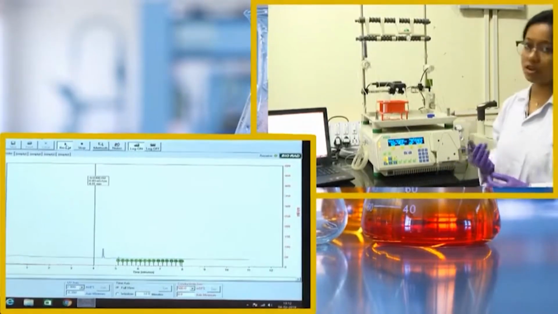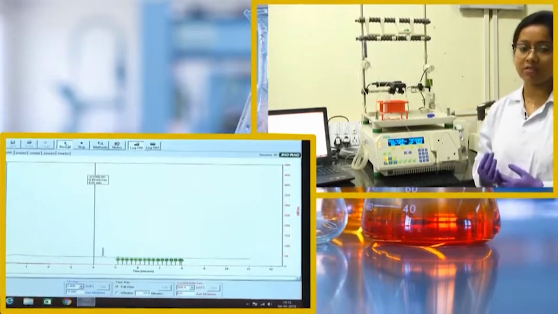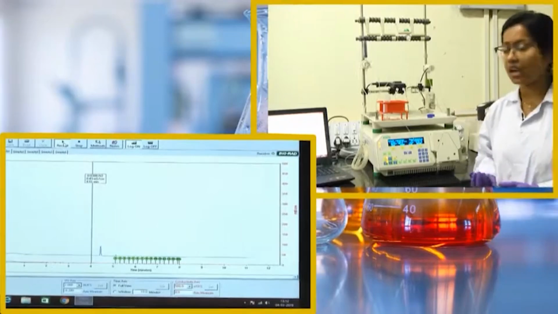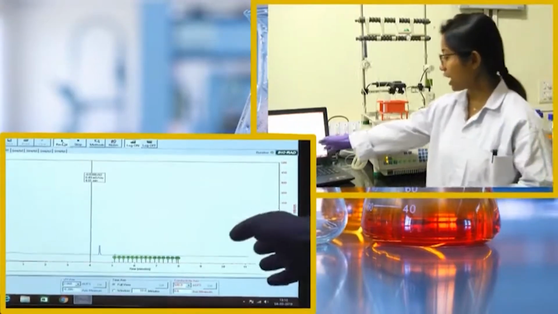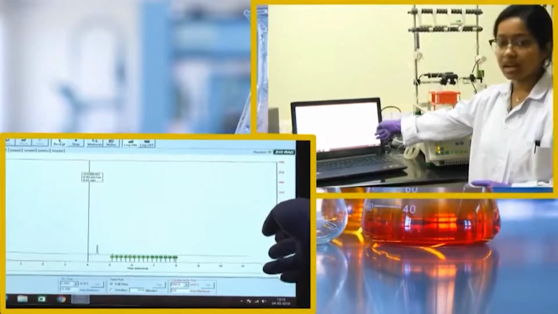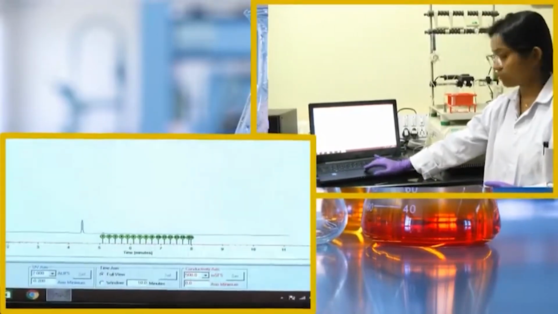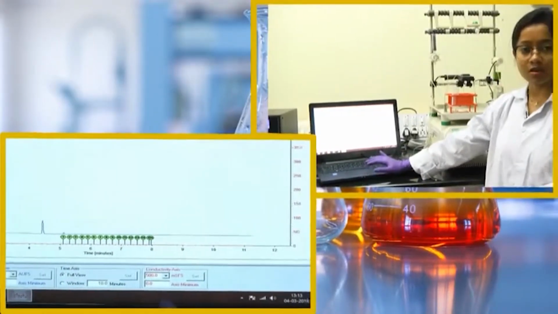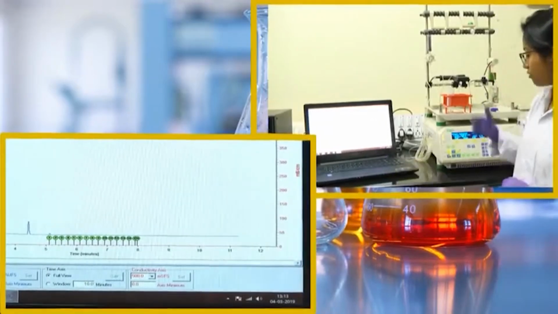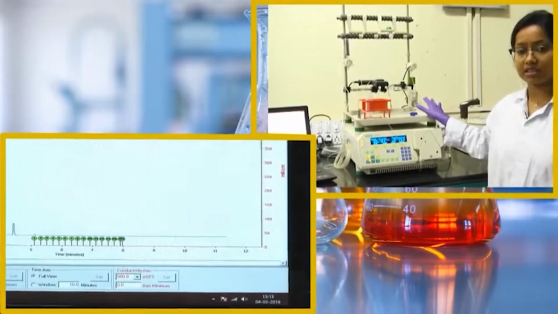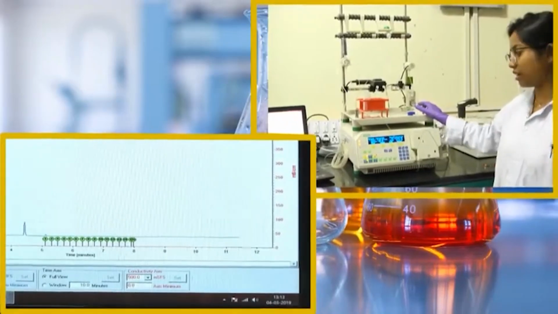The blue line will also shift because imidazole also has some absorbance at 280 nanometer because of the imidazole ring. So, when the blue line and the red line shift up, with higher absorbance and higher conductivity, and then again become flat, only then we will stop running buffer A. Now, our column has been equilibrated in the buffer A solution and it is ready for the loading of the sample.